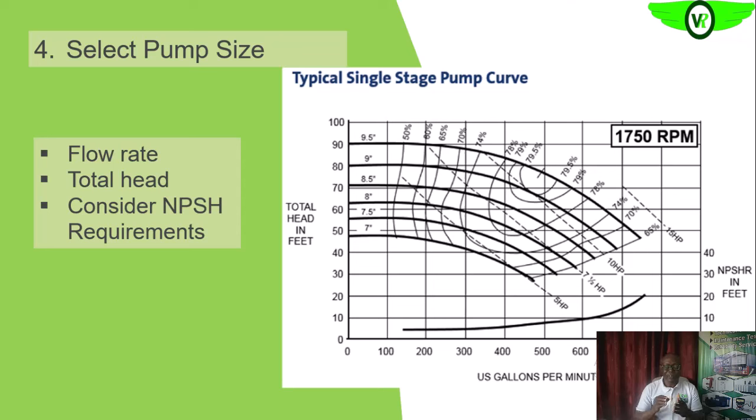After determining the flow rate, you need to determine the total head, that is the total pressure or total force that the fluid you want to pump will need to overcome before it will be delivered into your process or into the tank. As we saw earlier, the total head is the sum of the discharge head and the suction head.